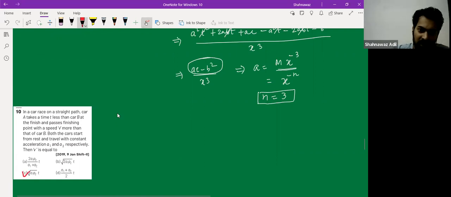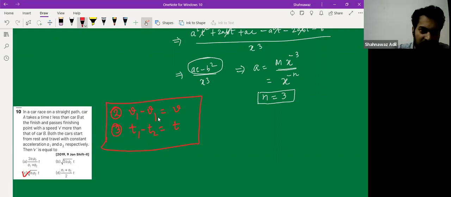Yes, so we used the given information that the difference of V was what? V, right? And the time difference was what? T, right? You used this information, right? Yes, sir.